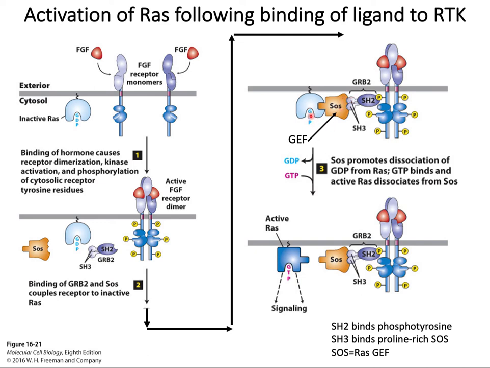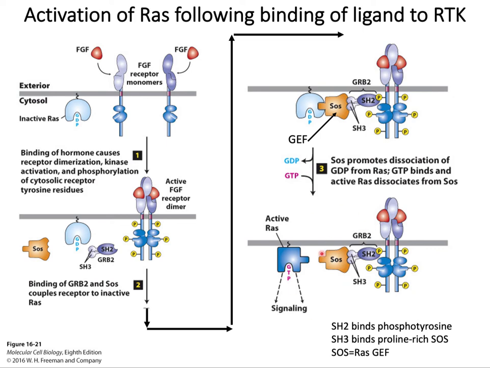And as it turns out, SOS is a RAS GEF, so SOS can then bind to inactive RAS. Here you can see in light blue the inactive RAS bound to the GDP. So SOS, acting as a guanine nucleotide exchange factor, can facilitate the exchange of the GDP for GTP, thus activating RAS.